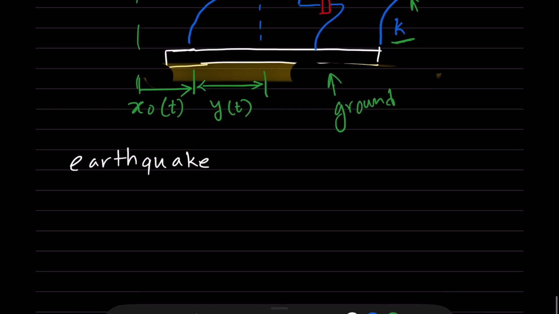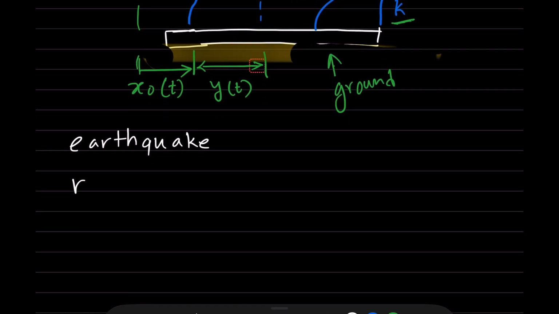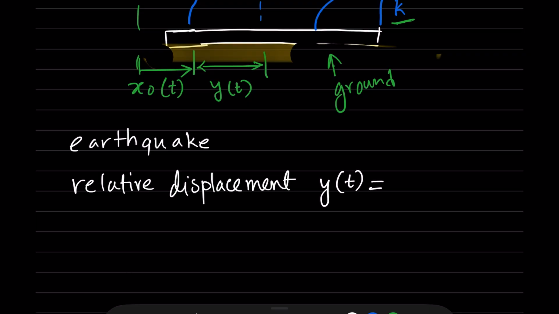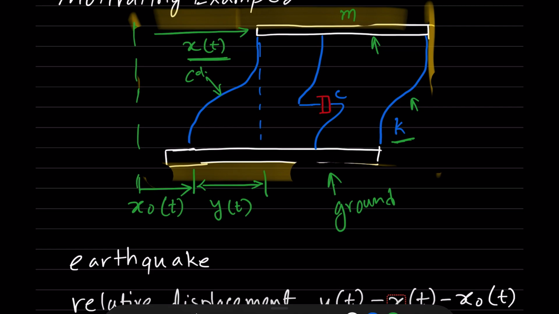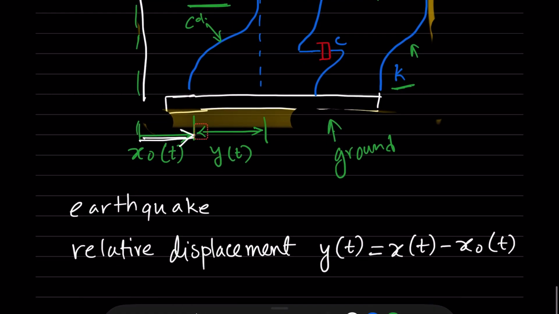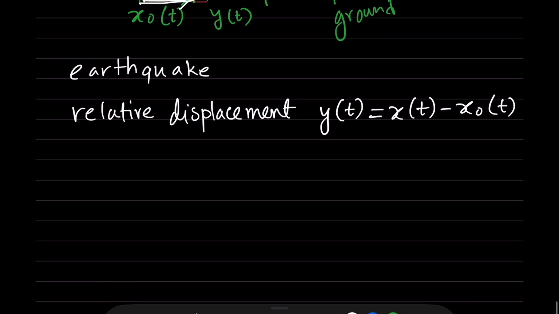The relative displacement y(t) is equal to x(t) minus x naught(t). So x(t) is the final movement from the reference, and x naught(t) is the initial movement from the reference. This is what I am looking for, the relative displacement.